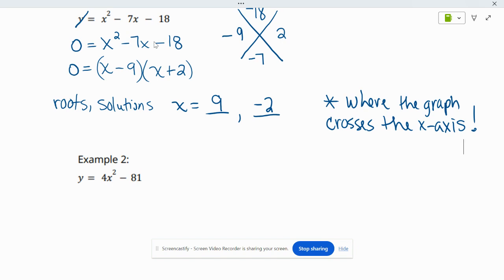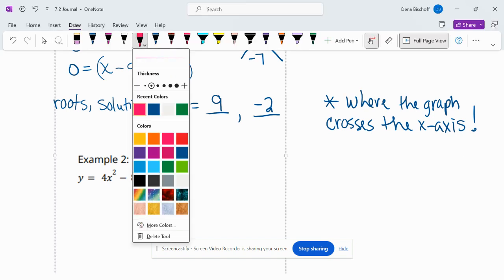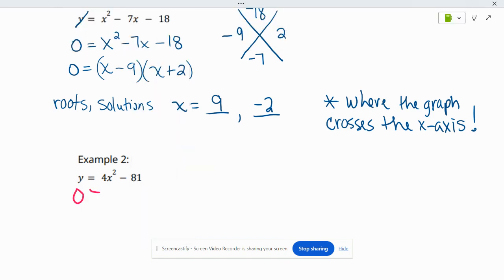Example number 2. What do I have to do first? Replace the y with a 0. So 0 equals 4x squared minus 81.